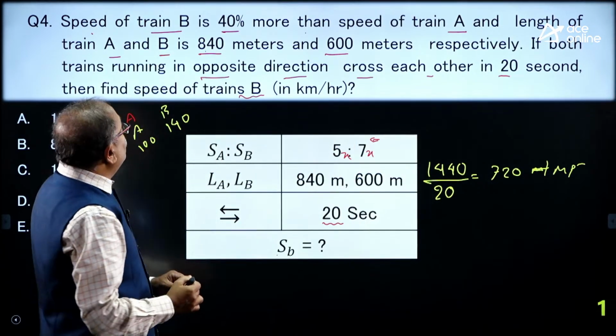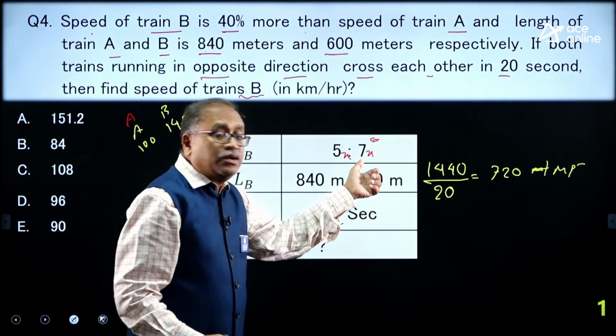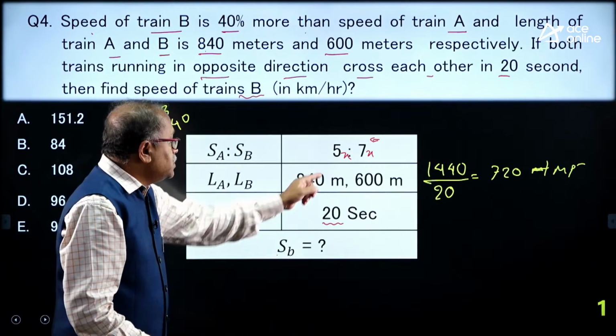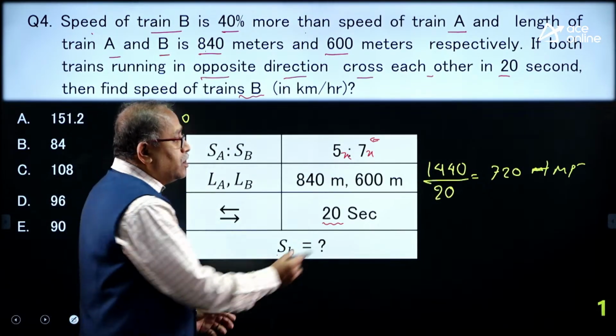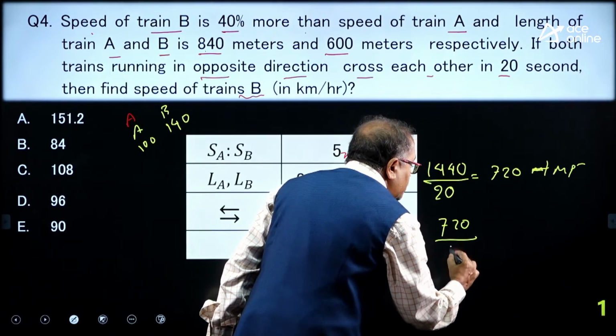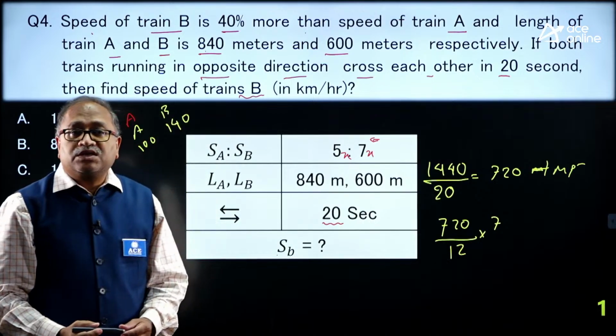Now, what I need to find out, this is 12 parts. You are asked to find the speed of B, that means 7x. When 12x is there, 720 divided by 12 gives x, and you need 7x, so multiply by 7.